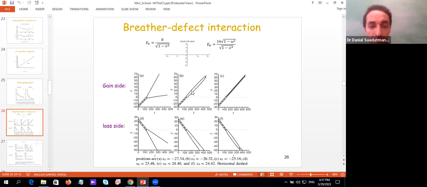As you can see, for example, in figure B and figure F, if we change the initial velocity of the breather, the frequency decreases, but in figure C, the frequency of the breather increases after the interaction, which shows that the energy of the breather can change during the interactions. And in figures A, D, and E, the breather can split into a kink and anti-kink.